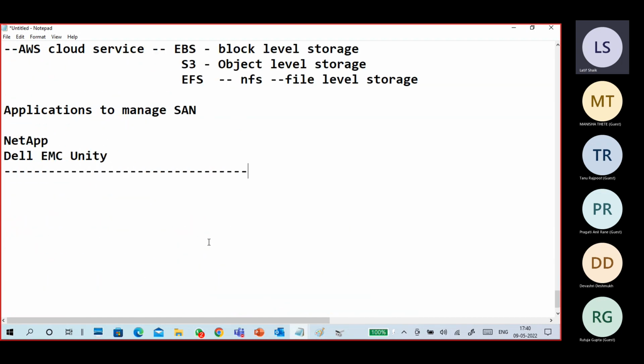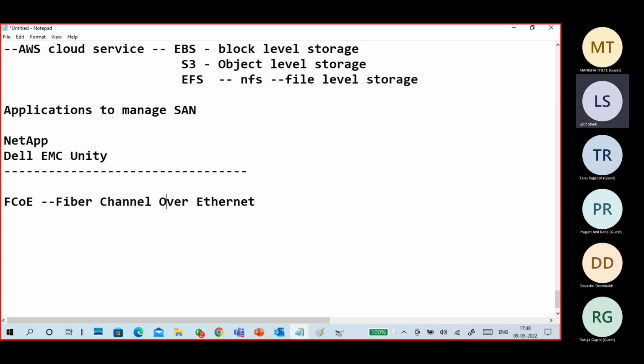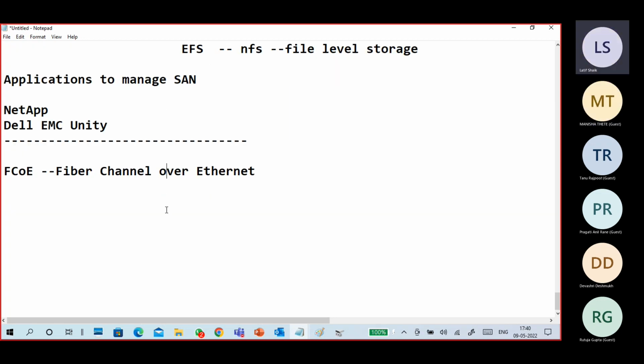Small words I will tell. Fiber channel, FC, FCoE, fiber channel over Ethernet. What is over Ethernet, guys? I have a fiber channel network. I have storage in my organization.